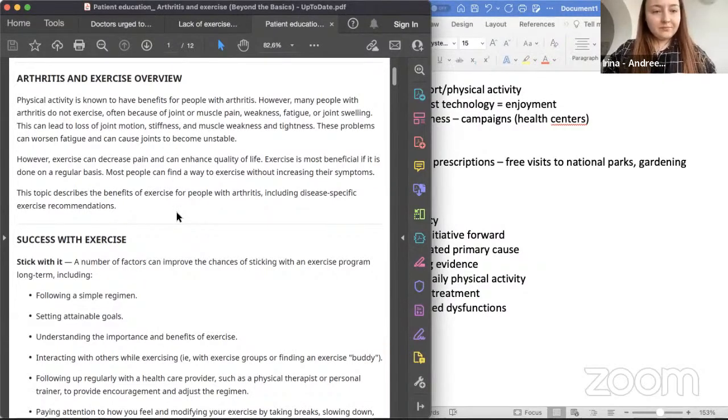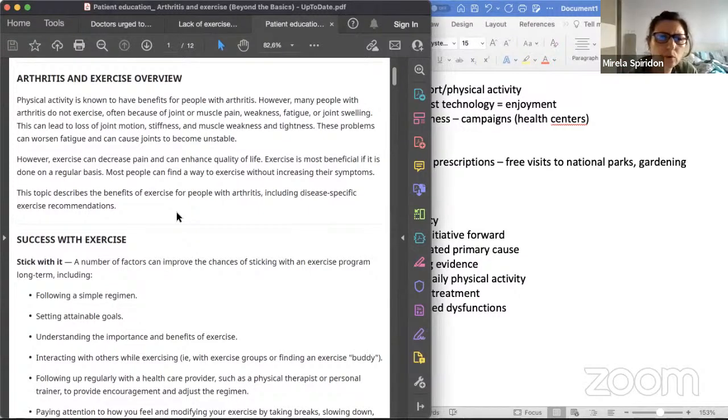Please, Mirela. Physical activity is known to have benefits for people with arthritis. However, many people with arthritis do not exercise, often because of joint or muscle pain, weakness, fatigue, or joint swelling.